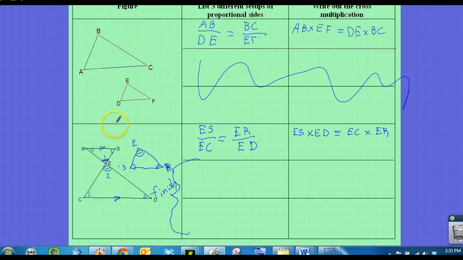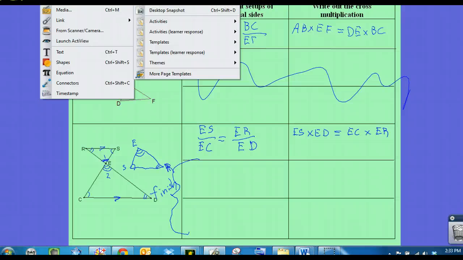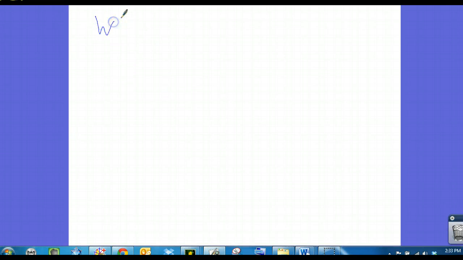So how do I prove triangles similar? That's a tough question. I think it's tough because all of the corresponding parts aren't congruent. So what is congruent in similar triangles?